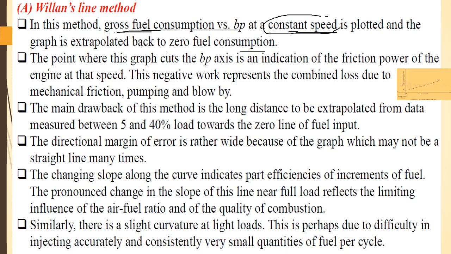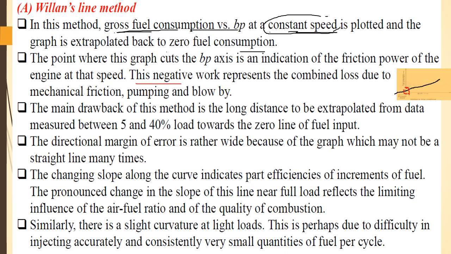zero fuel consumption. Means the graph is plotted, and now we are extrapolating this graph towards the other side. The point where the graph cuts the brake power axis is an indication of the friction power of the engine at that speed.